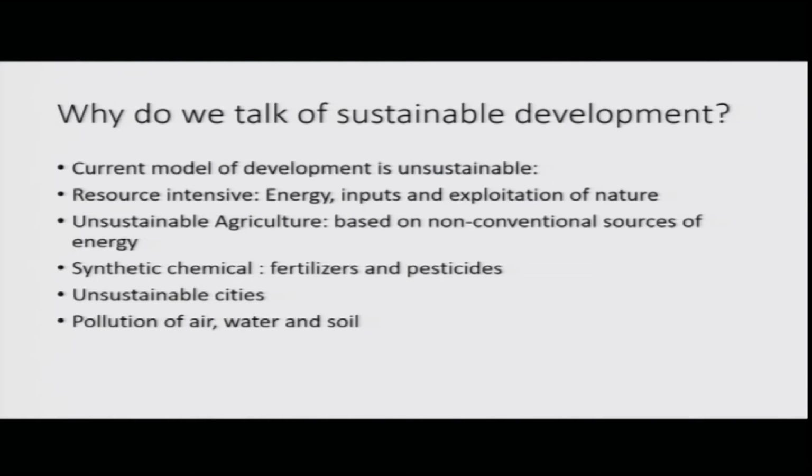It's also unsustainable agriculture because it's based on non-conventional sources of energy, for example chemical fertilizers, chemical pesticides and so on, which are becoming more and more expensive. Number one. Number two, they are also doing a lot of harm to human health and environment.